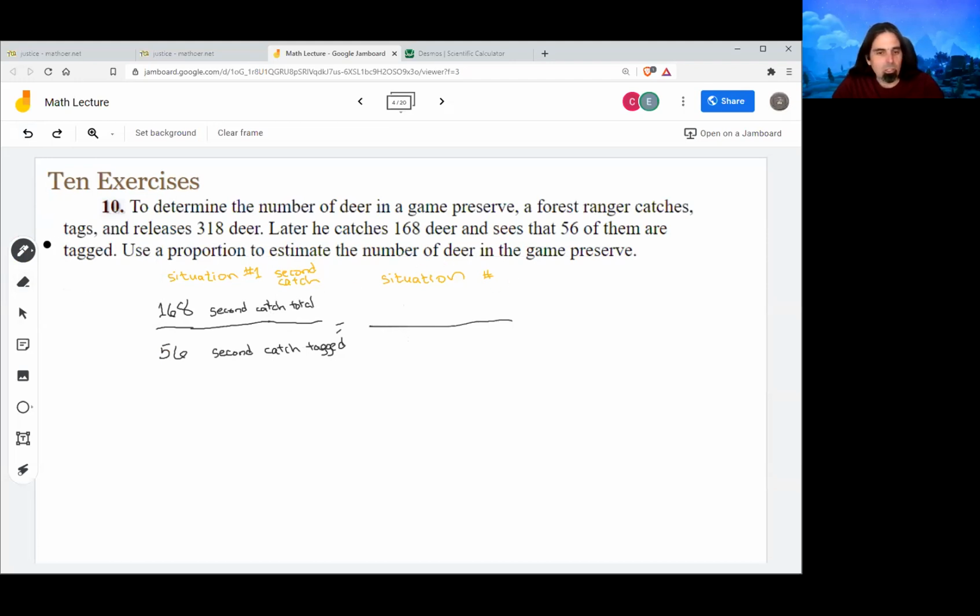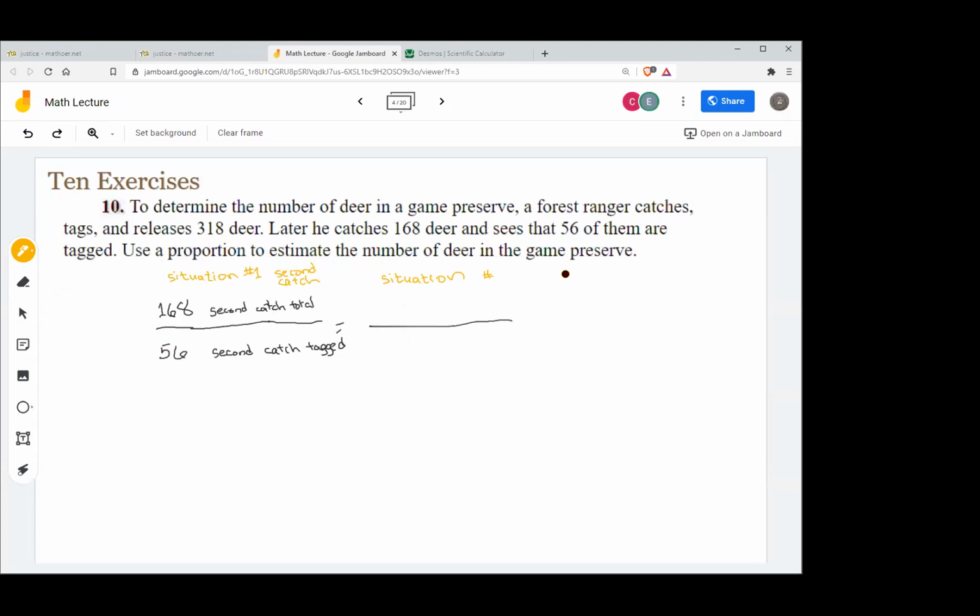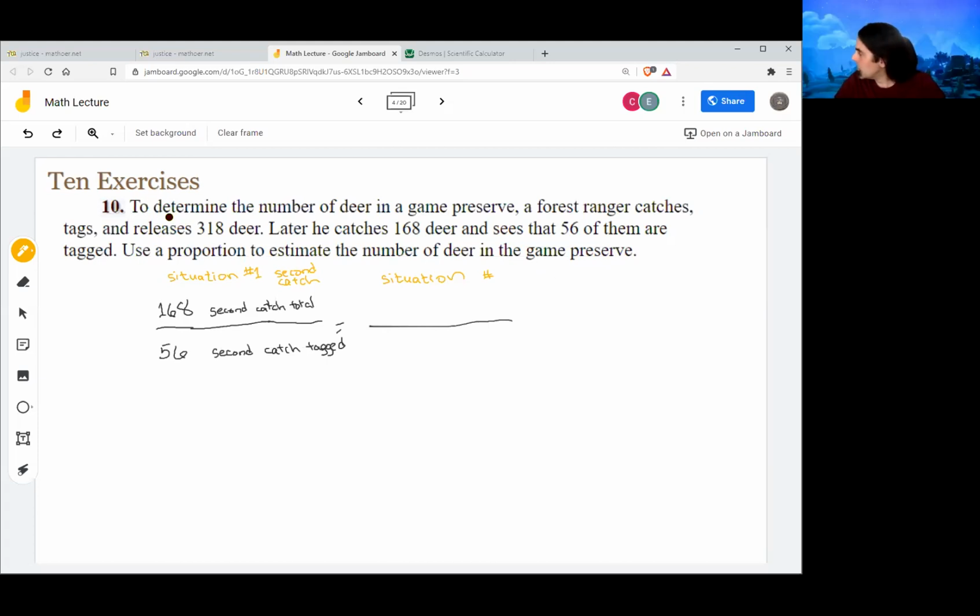What's my second situation if it's not the first catch? Is it releases? I'm not sure. The ones he releases are in this case the same as the first catch. He caught and released all those once he put tags on them.